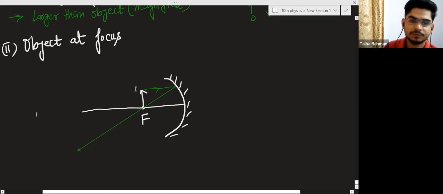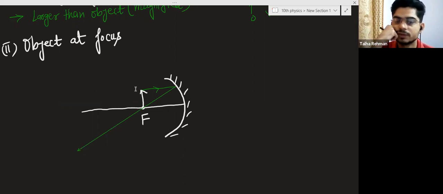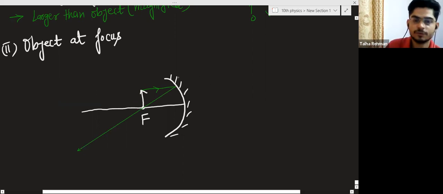And I told you that for the formation of image, at least two rays must meet or appear to meet. So from this object, we will take two rays. One ray after the reflection is like this.